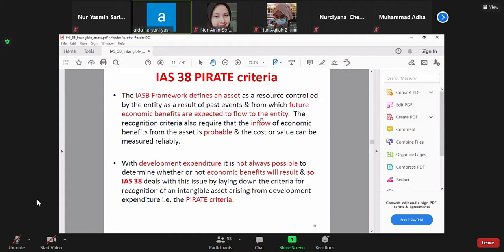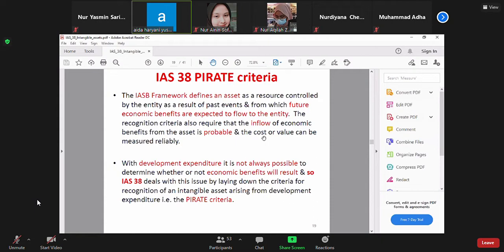So they recognize that asset because the asset will bring inflow of economic benefits to the entity. Meaning it is very probable that there will be some kind of amount of money to the business. And the most part from the framework, dia kata the important part, the cost of the asset can be measured. Itu syarat dia.